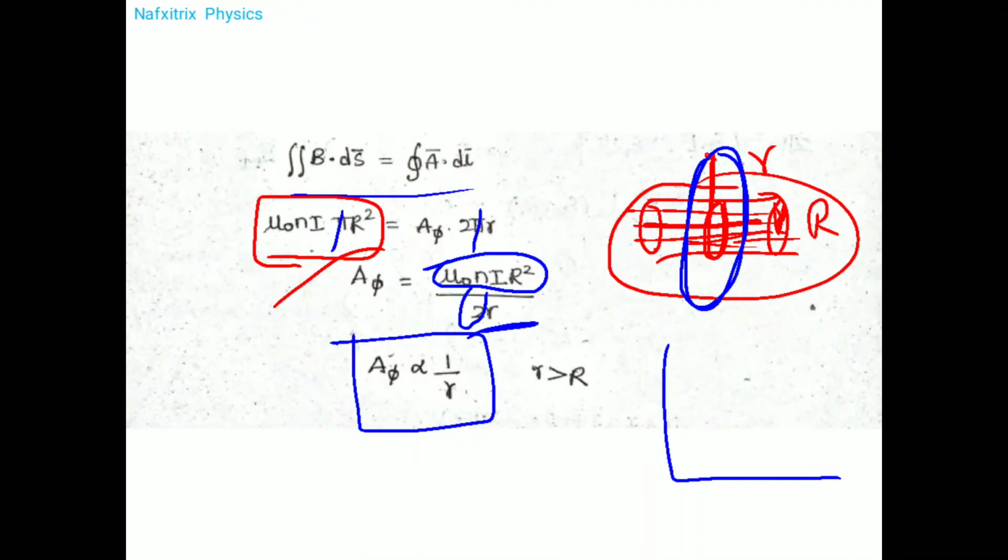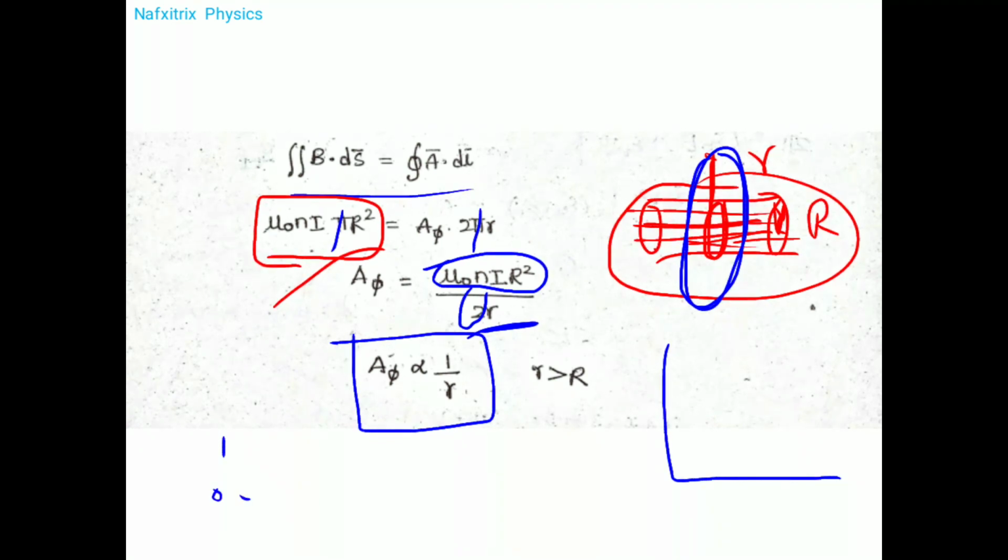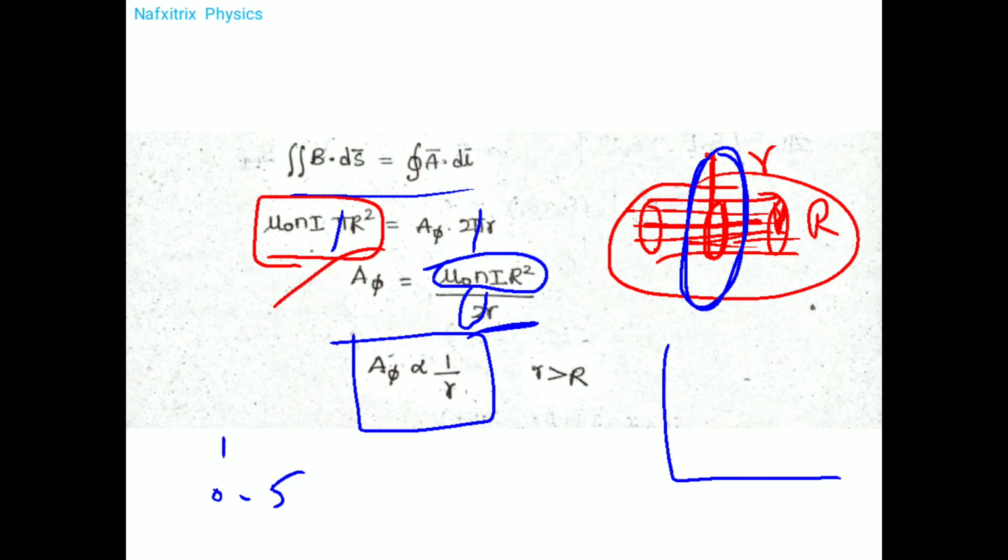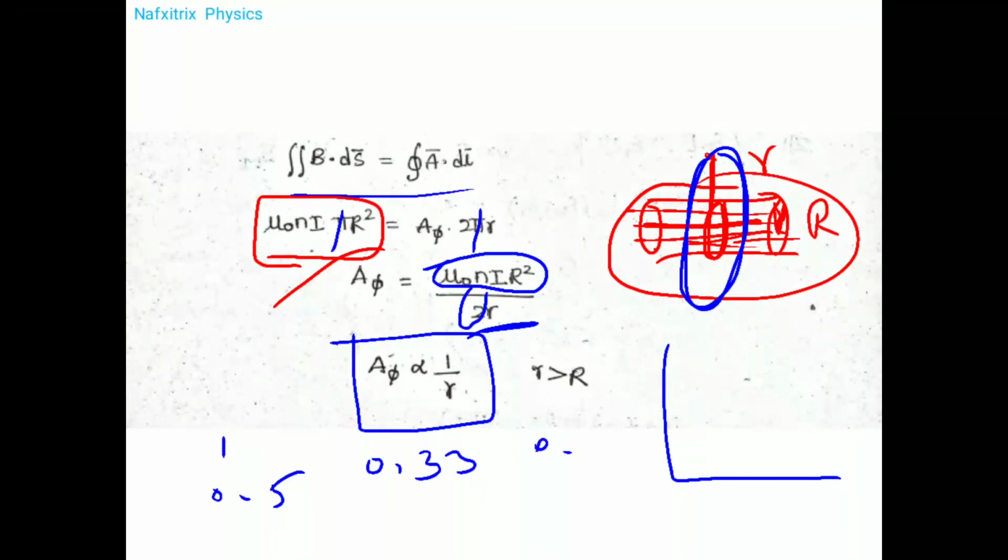If r is 1, 1 by 1 is 1. If r is 2, 1 by 2 is 0.5. If r is 3, we would get something like 0.33. Then 1 by 4 is 0.25, which would be going on decreasing.